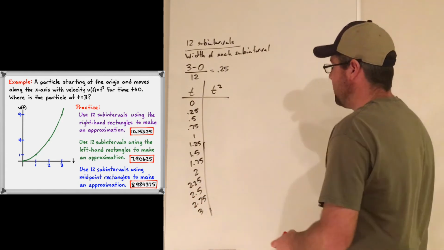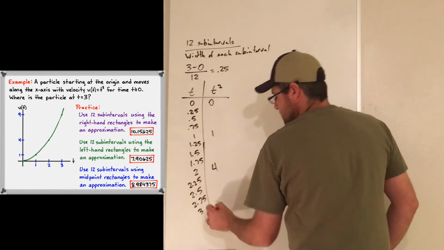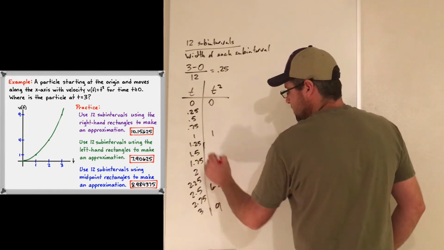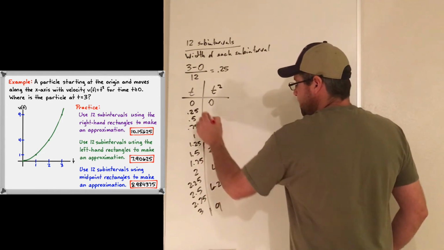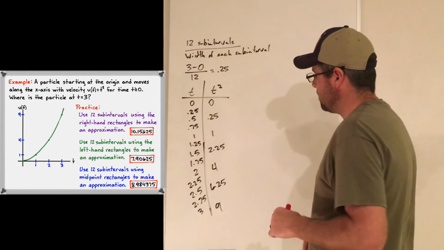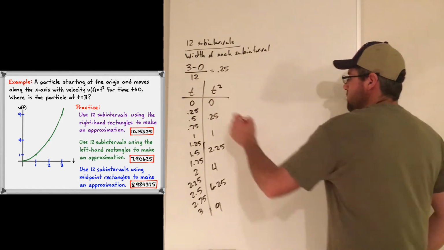Now we can figure out all these values. I'm going to kind of skip over some of them here, just because I don't know them, to be honest with you. This one was 6.25, this was 2.25, this was 0.25. And I don't know what those are. 0.25 squared, 0.75 squared, 1.25 squared, and so on. Okay, you can figure those out.